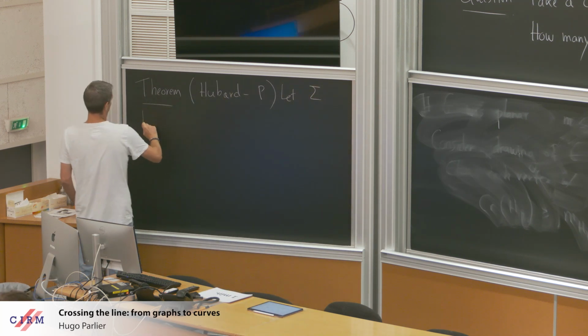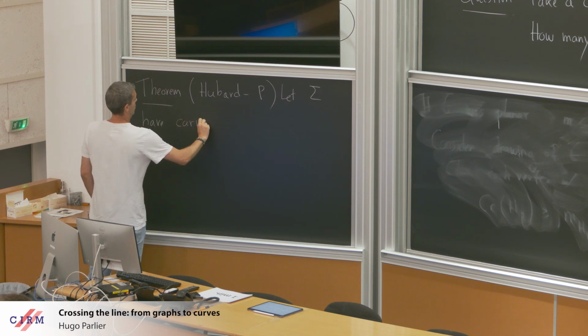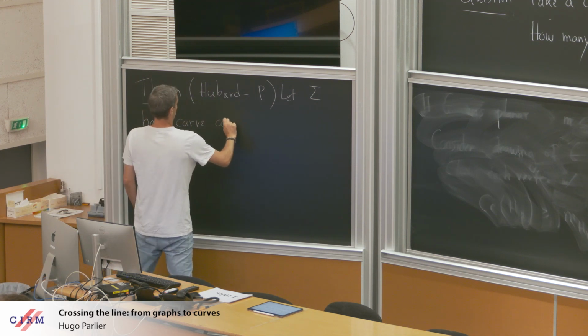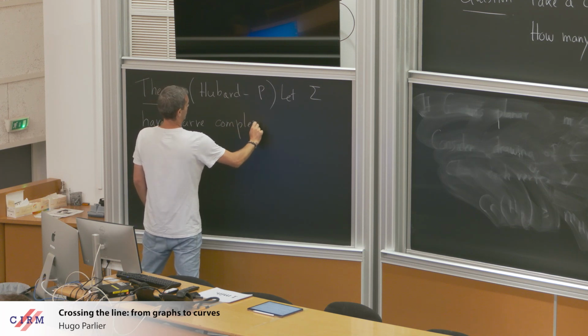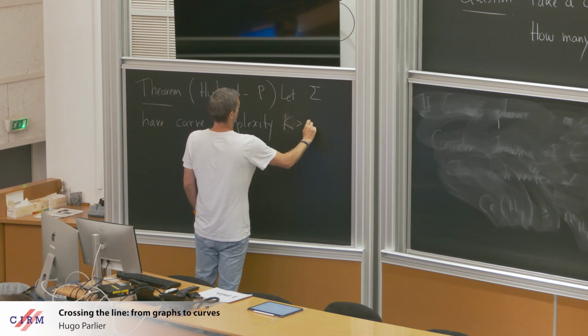So let sigma have curve complexity kappa. All right, let me try to draw a reasonable kappa.